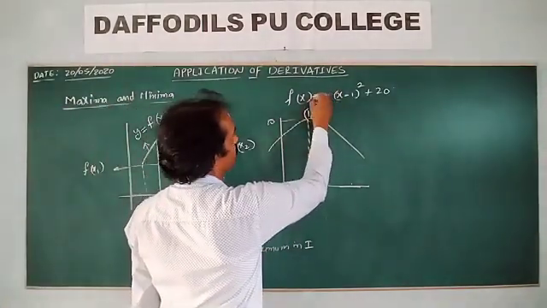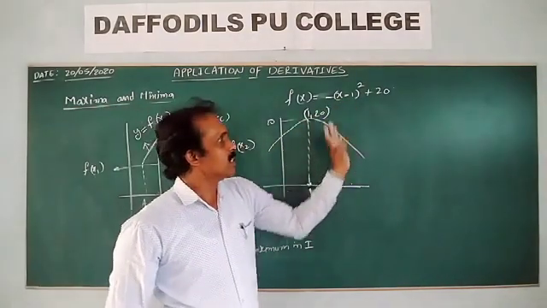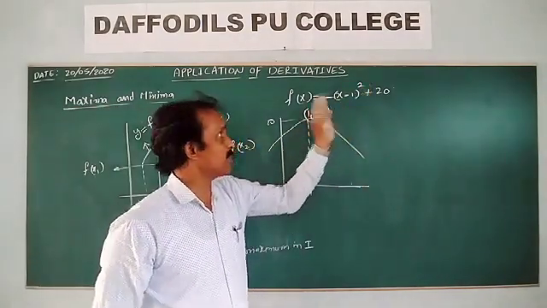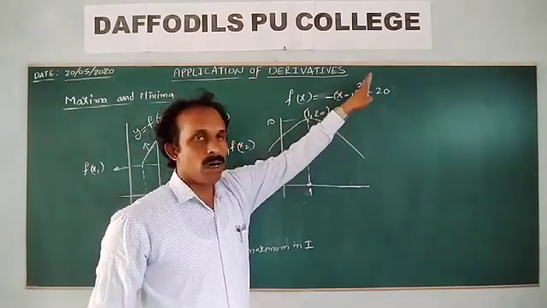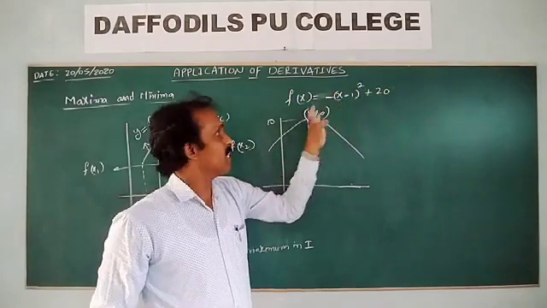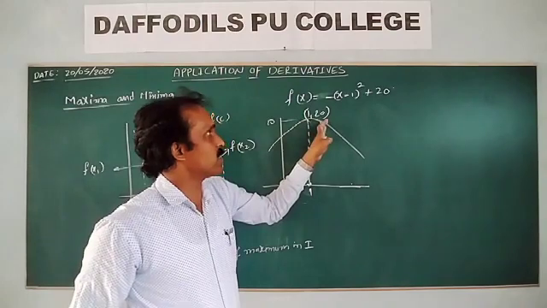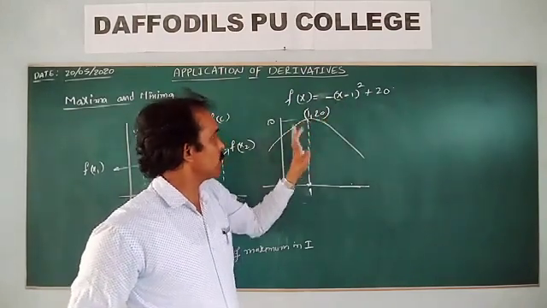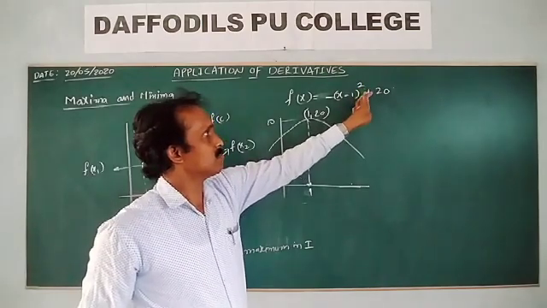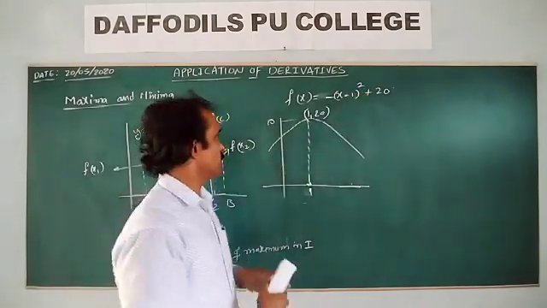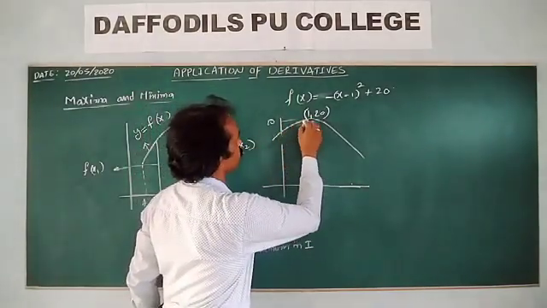For example, if you take 2, then 2 minus 1 is 1, whole square is 1, and 20 minus 1 is 19. Suppose you take 0: 0 minus 1 is minus 1, minus 1 whole square is 1, so 20 minus 1, approximately 19, like this.